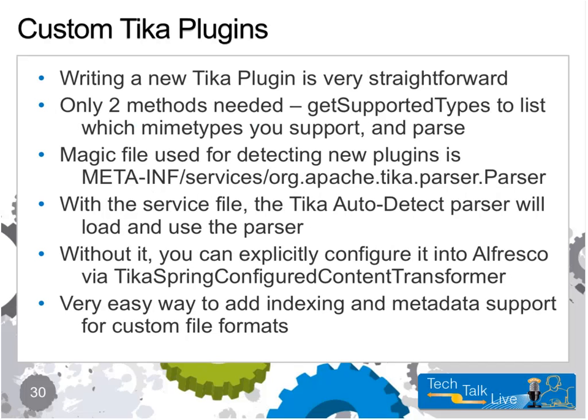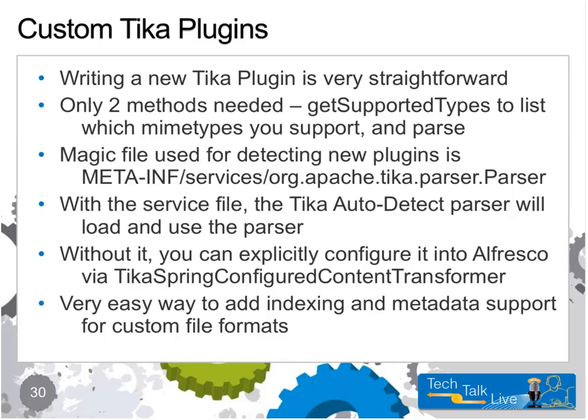So in order to write a Tika plugin, there are only two methods you have to implement. Get supported types, which is a method which returns the list of the MIME types that your plugin can handle. So that's the way the auto detection works. Tika says, oh hello, nice Mr. New Plugin. What file formats can you help me out with? And your plugin says, oh, I can help with this file format.